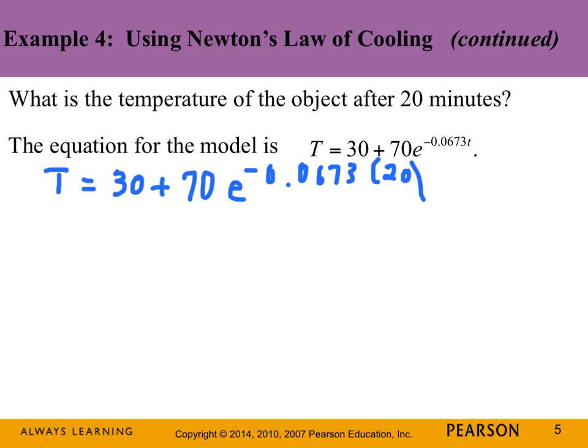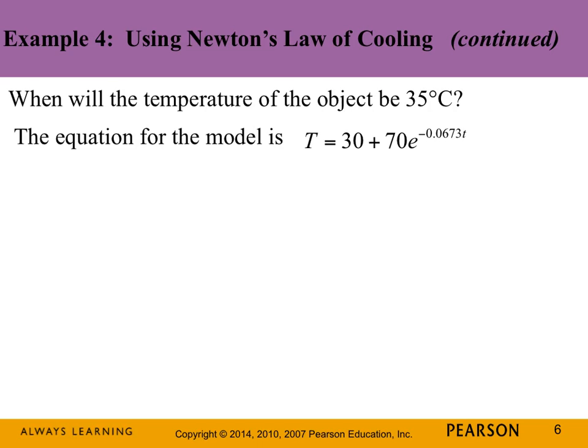And now this is just a calculator problem. I'll give you a moment to do this on your calculator. And you should end up with T is about 48 degrees Celsius.